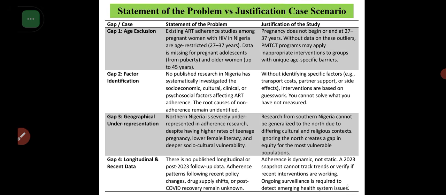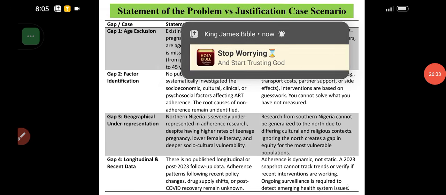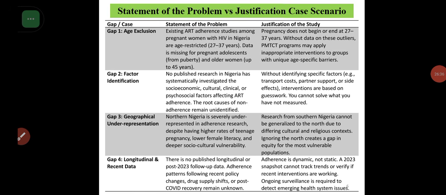So you see how we have provided statements to these problems and how we have justified them. Remember again, if you have identified 4 problems, those 4 problems you must justify them in your justification, right?